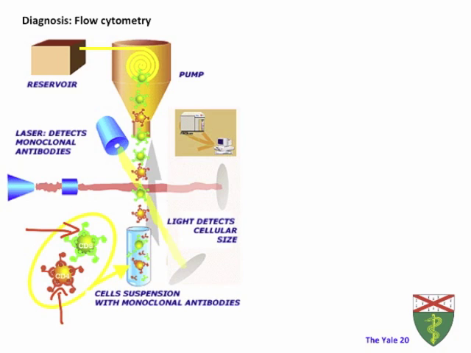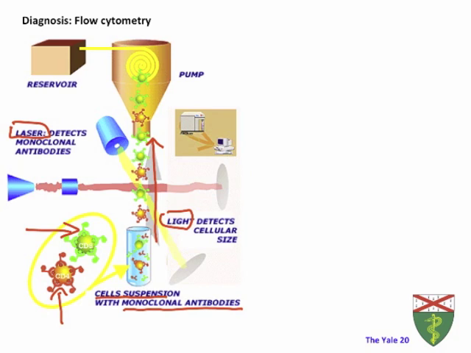What we do with those cells, we bring them in a cell suspension, and we mix them with monoclonal antibodies against certain markers we are interested in. Then those cells get sucked through a beam of light and a laser. We have both light and we have a laser. Okay, the light detects cellular size and granularity. And depending on how the cells break the light, you can make conclusions about both the size and the granularity.